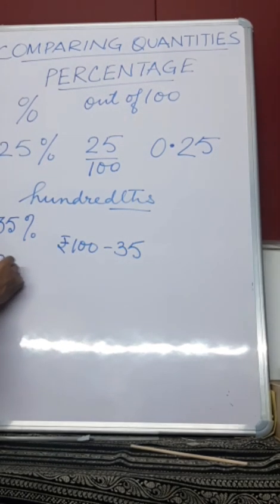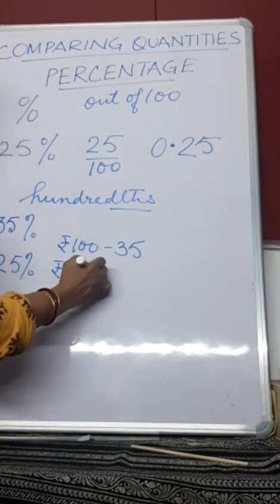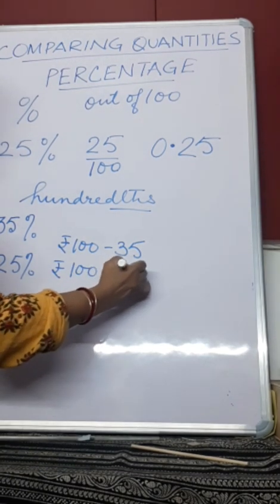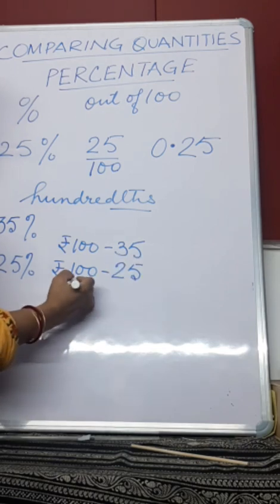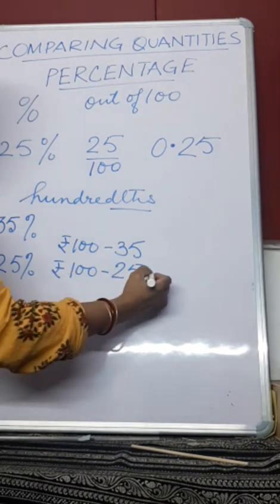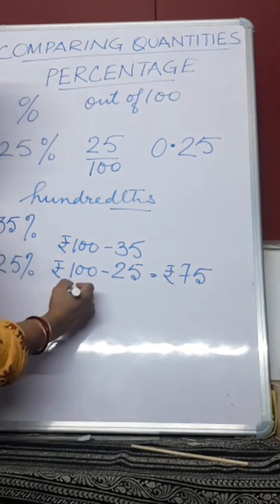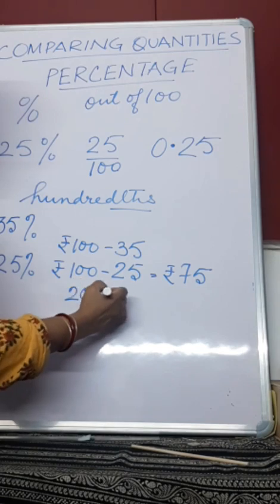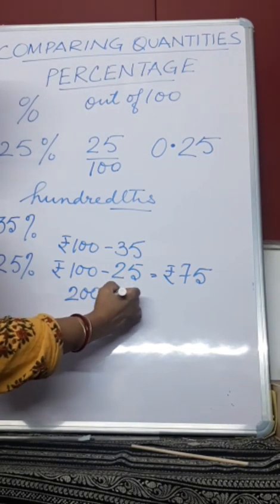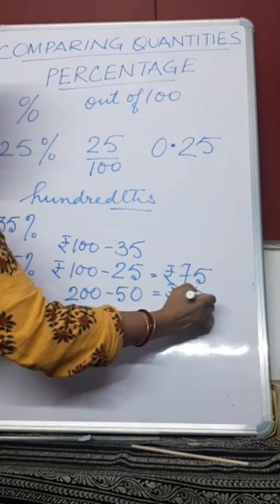If I have got 25% discount, that means in every 100 rupees, I got 25 less. So if a dress costs rupees 100, I have got it for rupees 75. If the dress is for rupees 200, I got it for rupees 150.